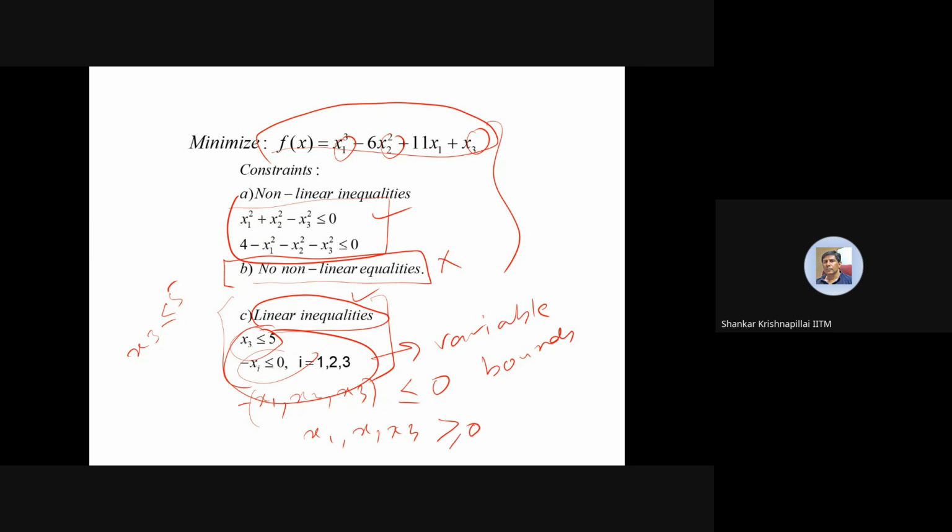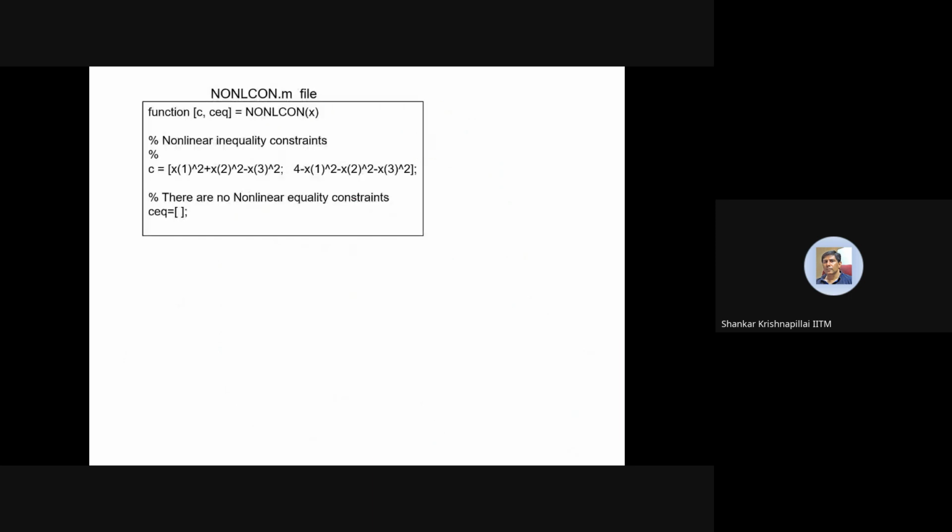So x3 should be between 0 and 5, x2 should be greater than or equal to 0, and x1 should be greater than or equal to 0. This is the meaning of all these things. Actually, this can be represented by variable bounds.